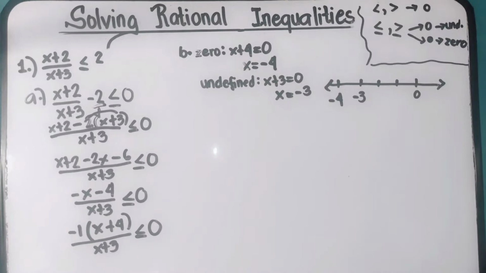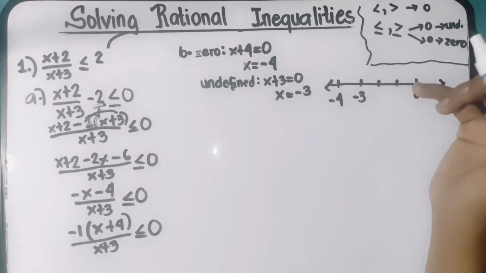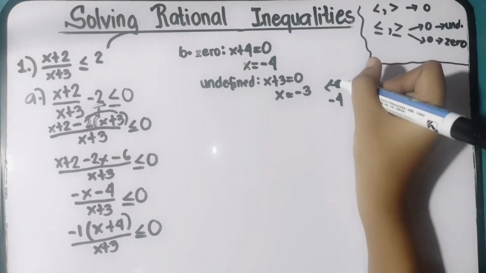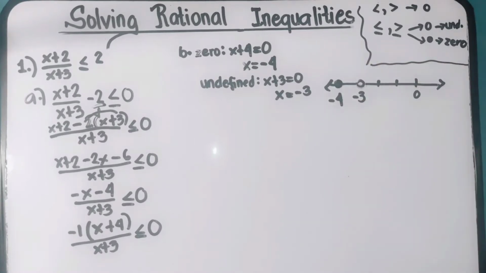Since the inequality symbol used in our example is less than or equal to, we will use a hollow circle for -3 and shaded for -4.